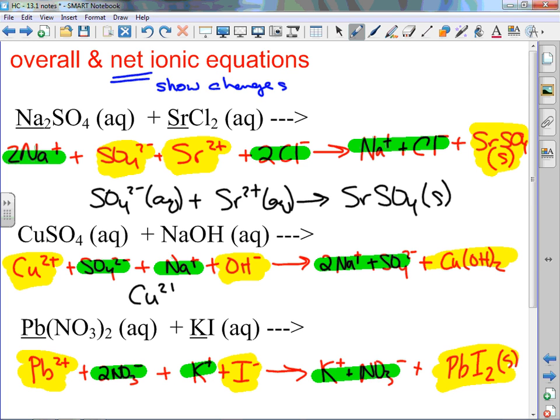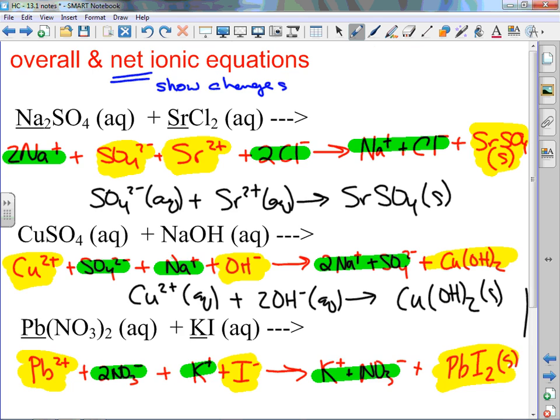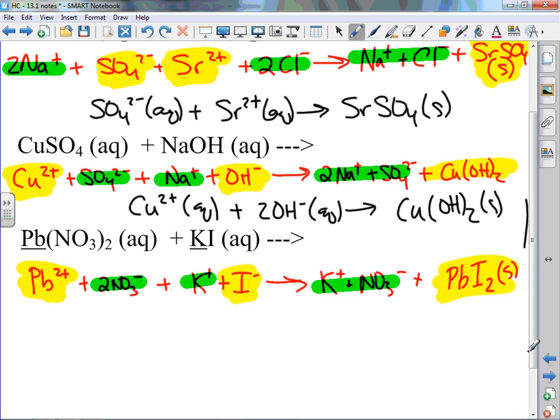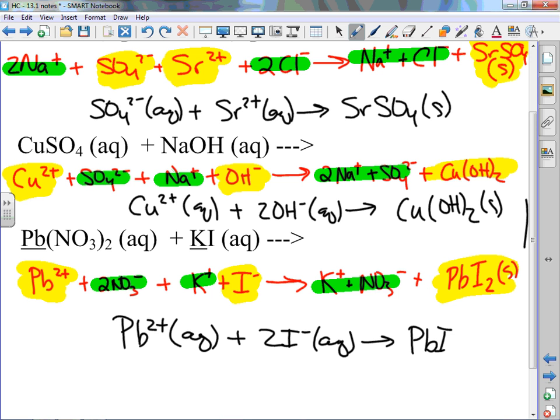Copper ions were aqueous. Hydroxide ions were aqueous. Again, we got to balance still. And now we have solid copper hydroxide. And then finally, lead ions were aqueous. Iodide ions were aqueous. And we were left with solid lead iodide.